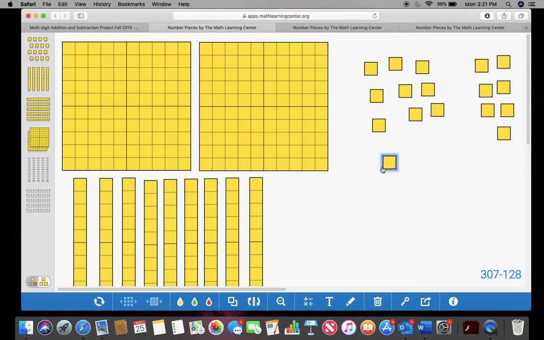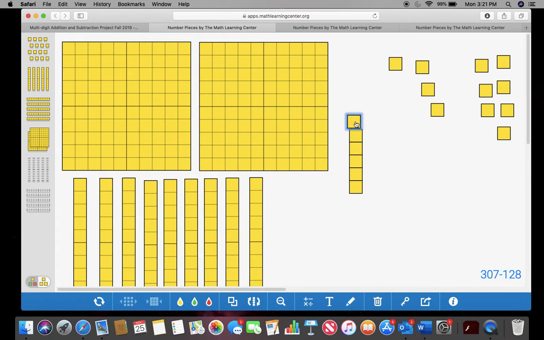Just so we can see it easier, I'm going to put them in a row, just so we know that that is the same as a rod of 10, and we regroup them.